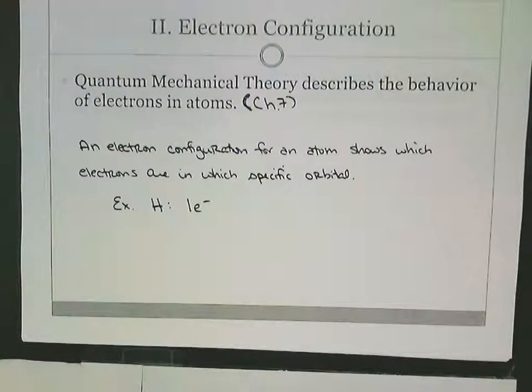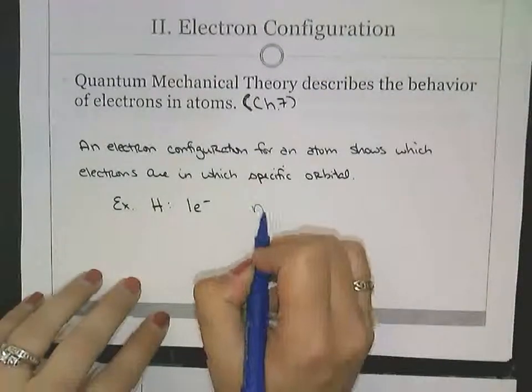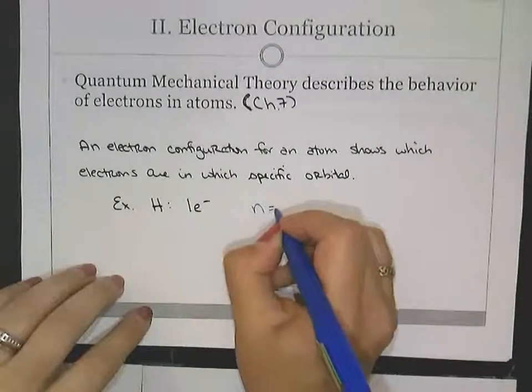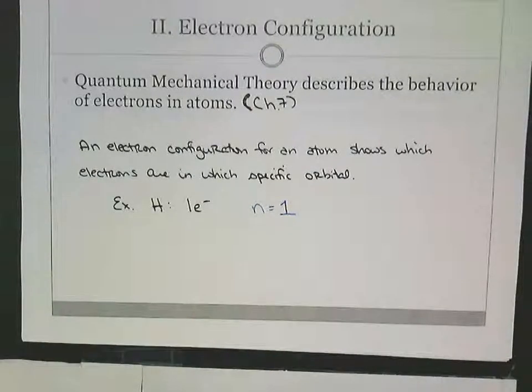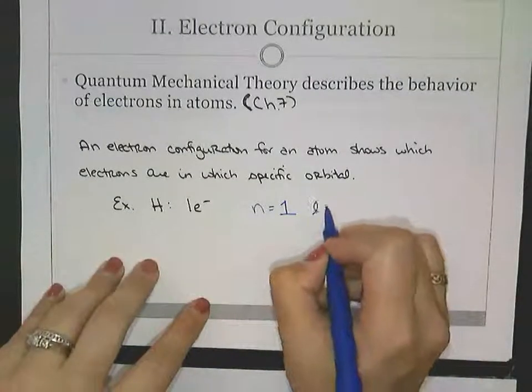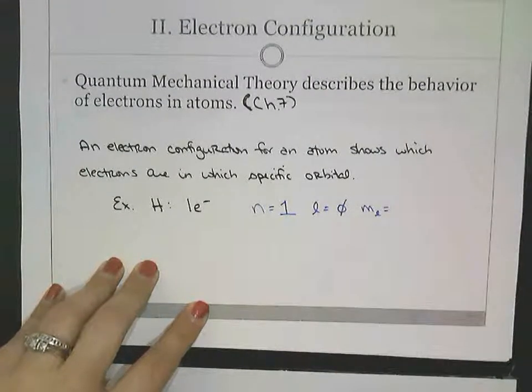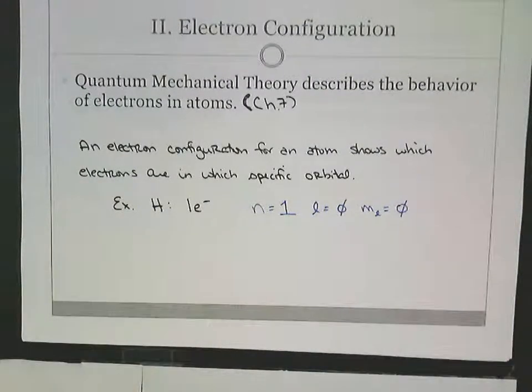So, what value of n has the lowest energy? 1. If n equals 1, what does l have to equal? 0. What about m sub l? 0. That's the lowest energy configuration you can have for an electron. There's only one option for l and m sub l.